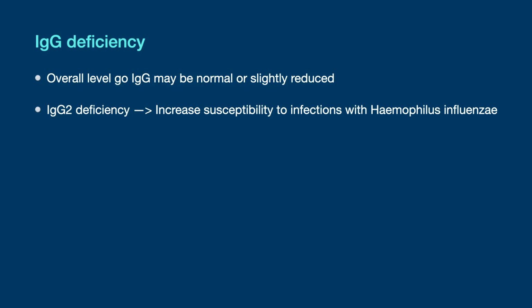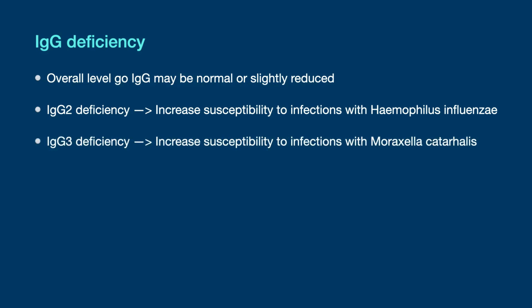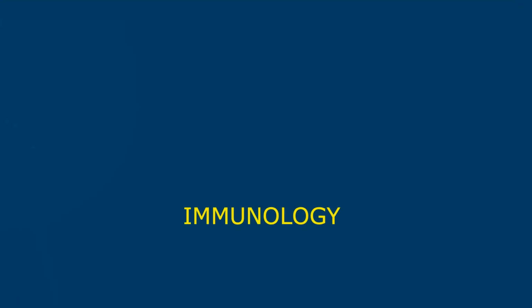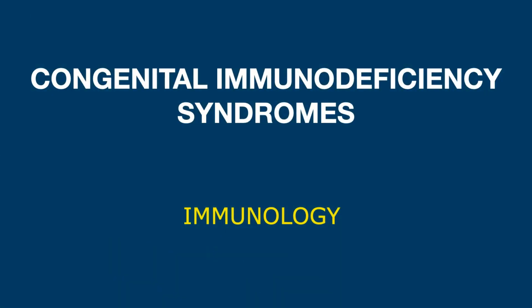And if these patients are vaccinated with Pneumovax, they are still unable to mount a response to Streptococcus pneumoniae antigens. IgG3 deficiency leads to increased susceptibility to infections with Moraxella catarrhalis, causing frequent chronic sinusitis. We have come to the end of this topic. Thank you.